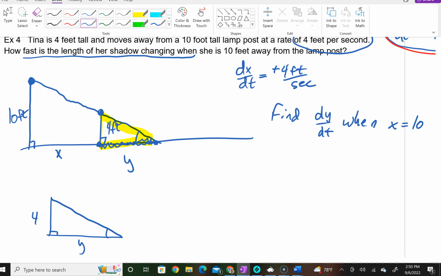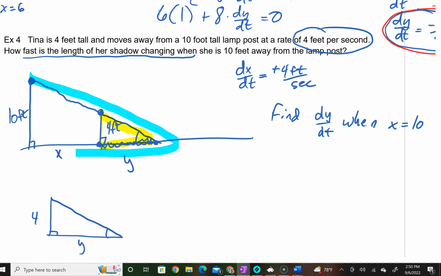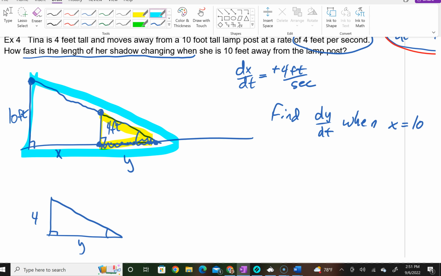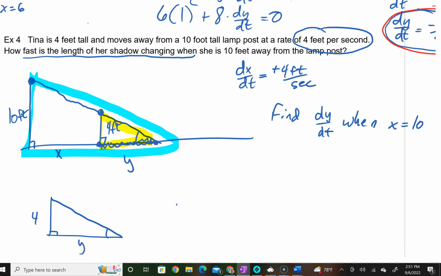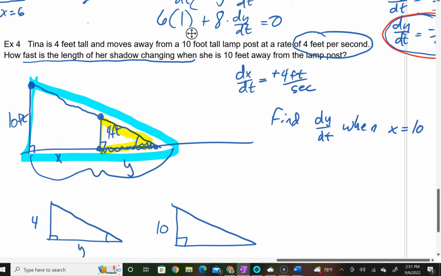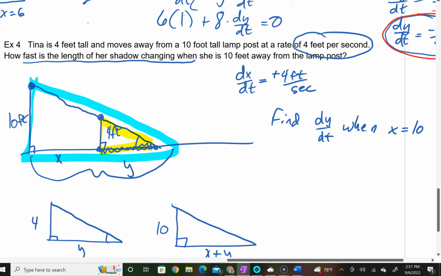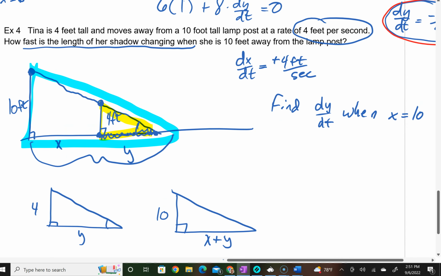But let's also look at this larger triangle. And in this larger triangle, we could say, well, let's see, that's 10 feet. Look at this base down here. This would become x plus y. And again, same angle right over here.